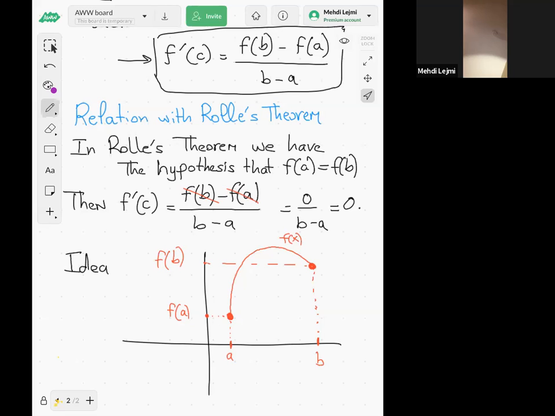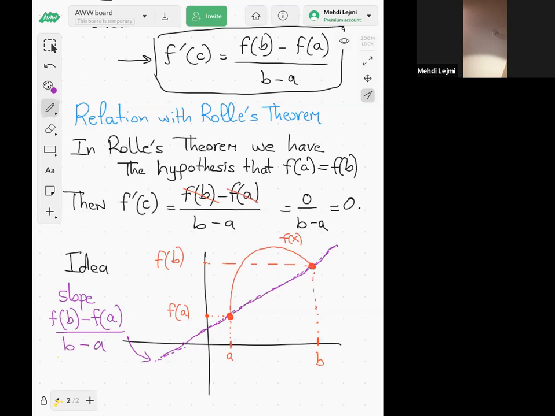If you take this line which passes through the points (a, f of a) and (b, f of b), the slope of this line would be exactly this number, f of b minus f of a over b minus a, right?